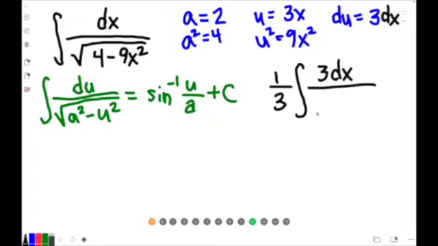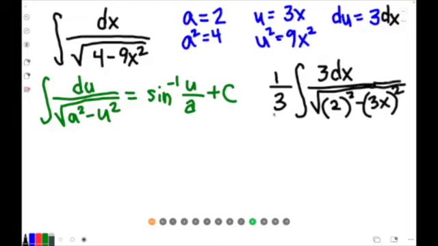Sorry, I should write the true variables, so that would be 2 squared minus 3x squared as well. Our pattern is complete.